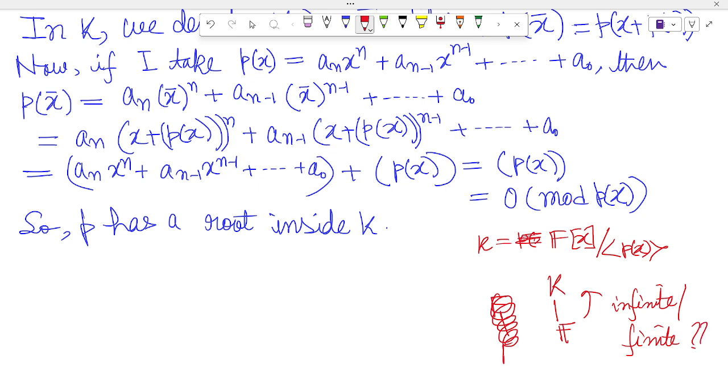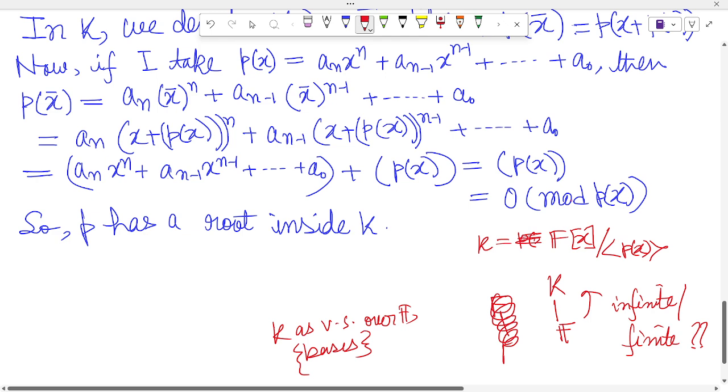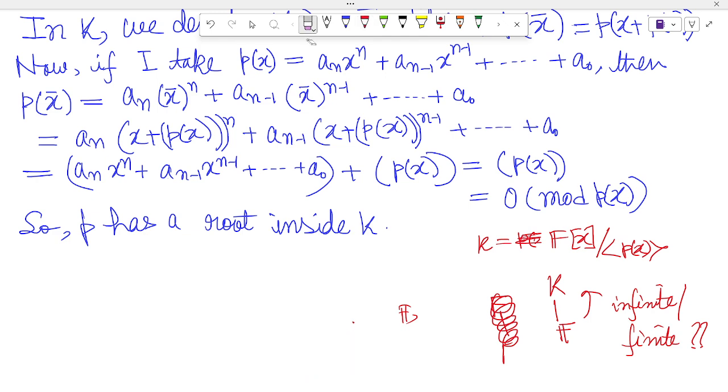If I ask you what the answer is, we will find it in our next theorem. That is a finite extension. Finite means that if I look at K as a vector space over F, then what are the bases? You can ask me, just give me one set of bases, then what could be the possible bases?